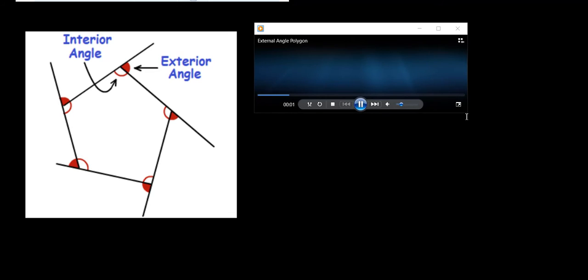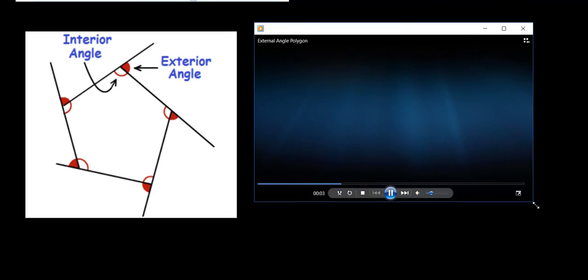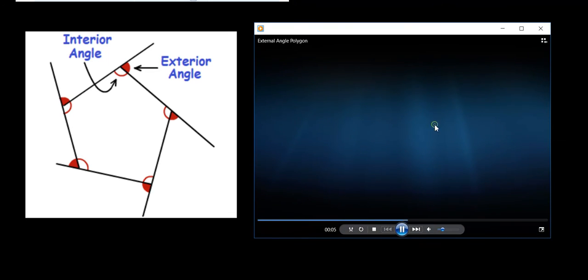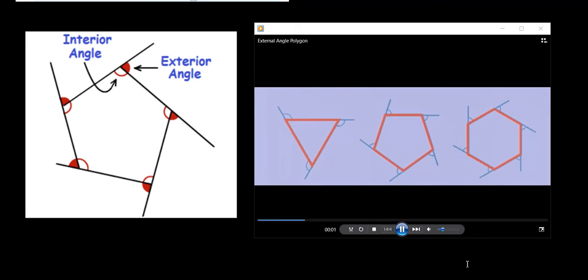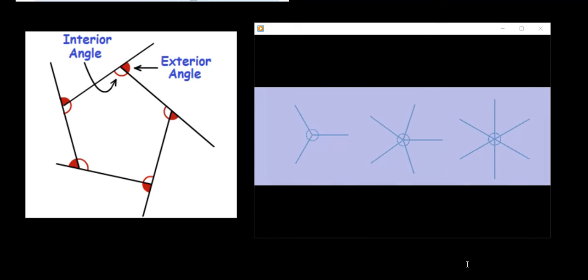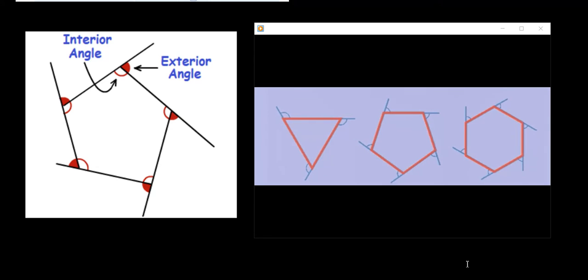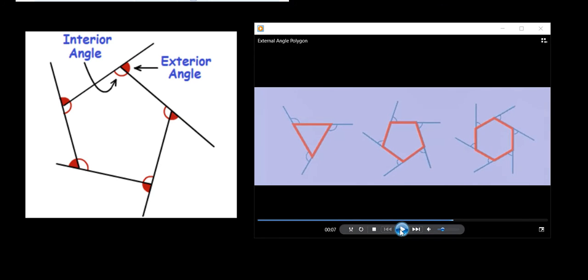Yes, we want media player. Okay, so this gives a visual proof. At least it did. Let's have a look. Okay, so can we see? Let's pause the video. These are external angles.